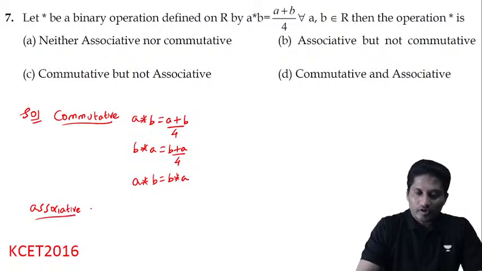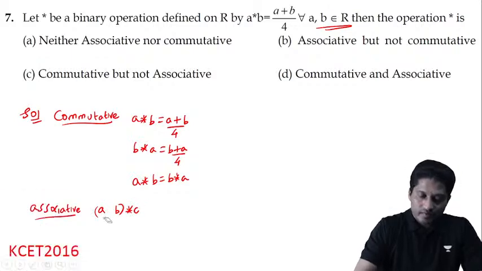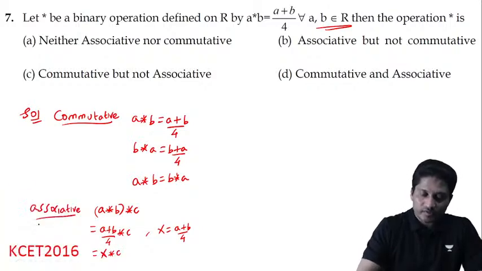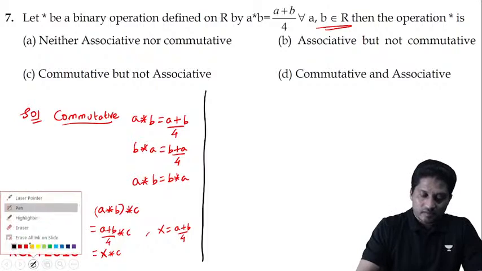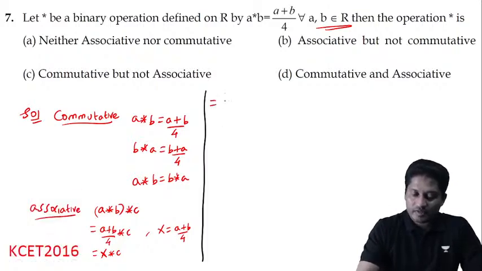Associative: for all A, B, C belongs to R, real numbers, (A star B) star C. A star B is A plus B by 4. Okay, and then this is star C. Now this is X star C. Suppose X star C, this is X plus C by 4.